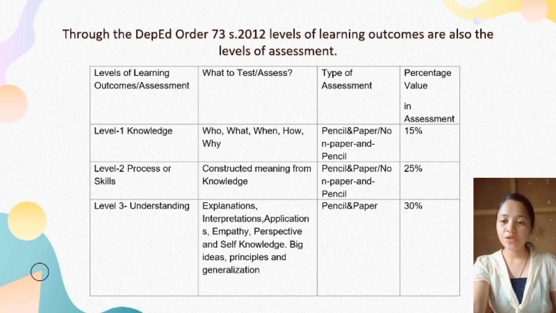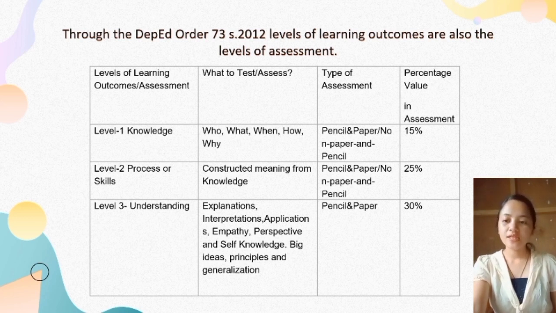You're testing your student or learner about the questions who, what, when, how, and why. The type of assessment of this level is a paper and pencil type of test, and it could also be a non-paper and pencil test. And then the percentage value in this assessment is only 15%.